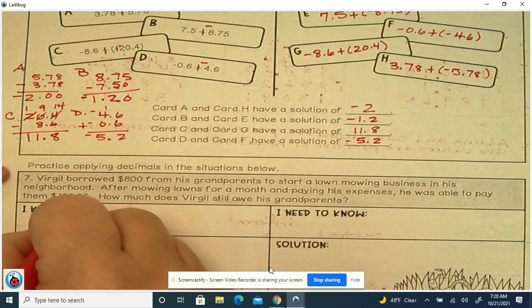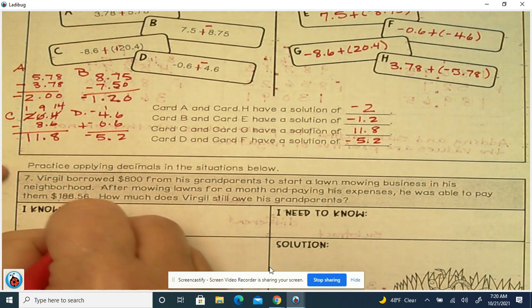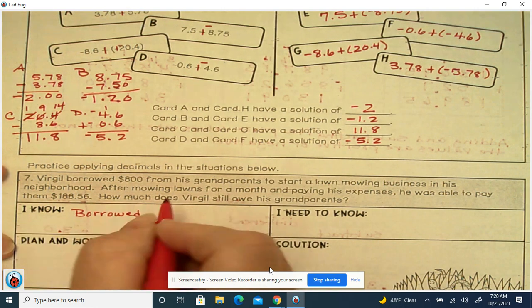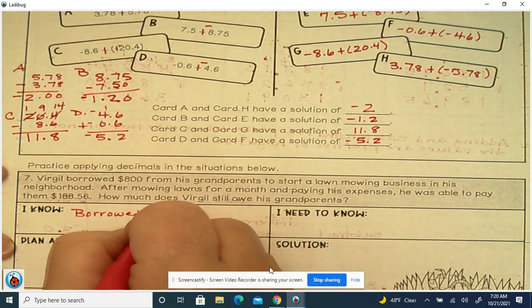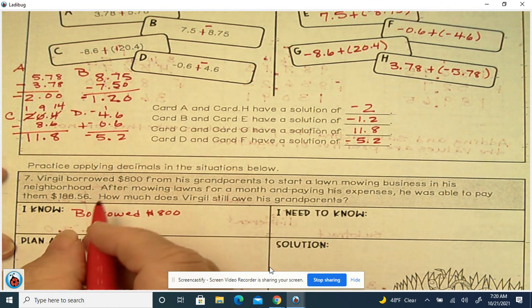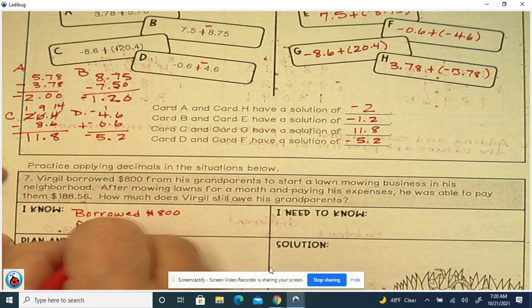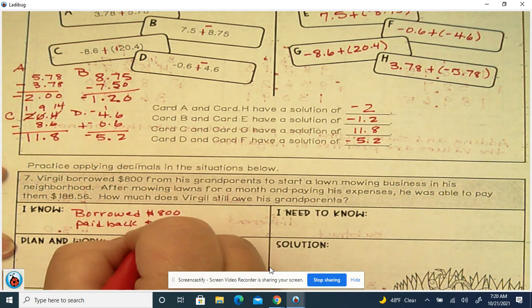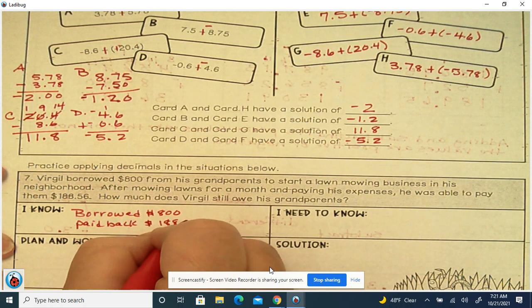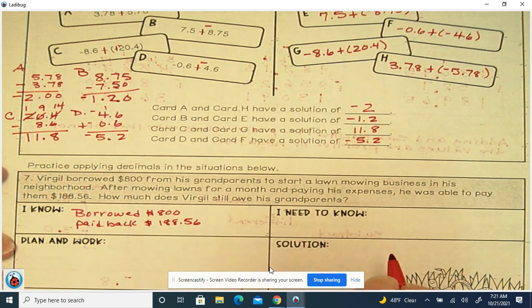So he borrowed $800 and he paid back $188.56.